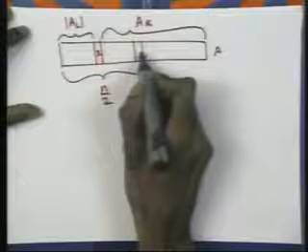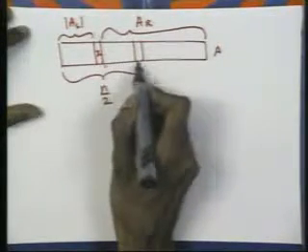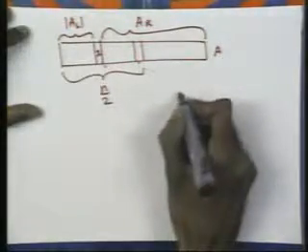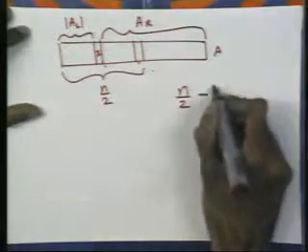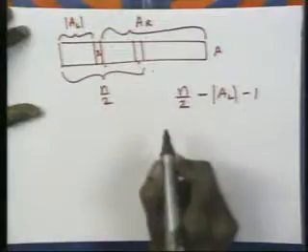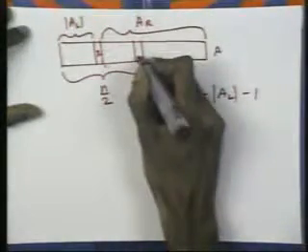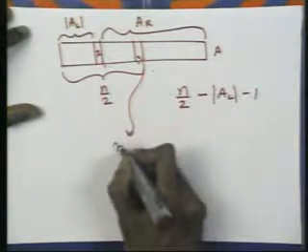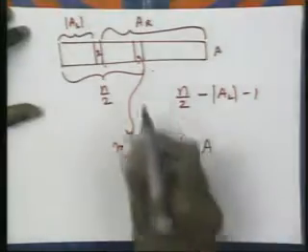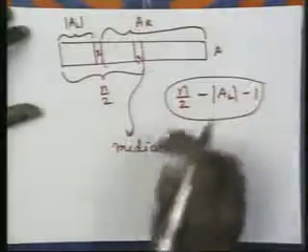Now the rank of the median is the number of elements in this portion. What is that? N by 2 minus A left plus 1. So it's nothing but n by 2 minus size of A left minus 1. So the rank of this element, the median that we want to find, in A right is this.